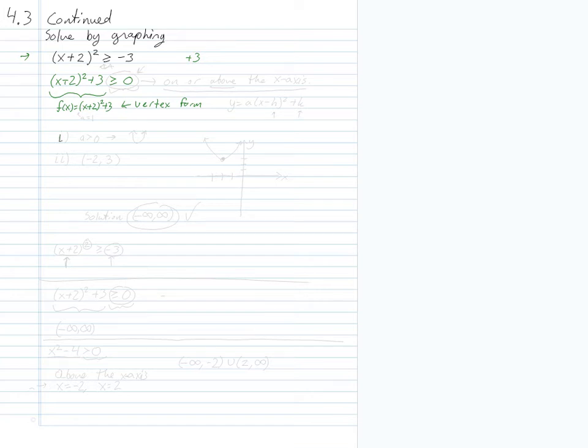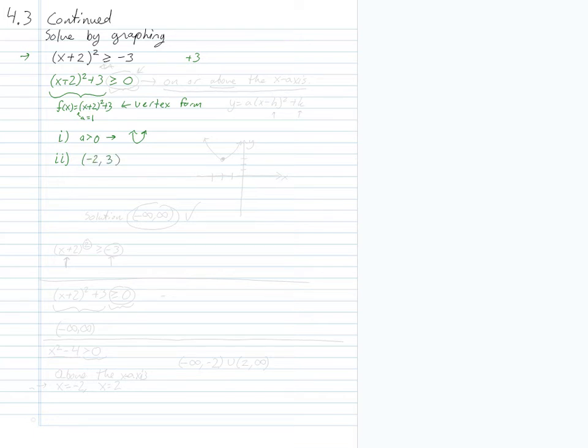Now what do we know about this parabola? Well, first, the leading coefficient a, we don't really have one, so we would say that a equals 1. So a being greater than 0 implies this parabola is concave up. And since it's in vertex form, we can immediately tell the vertex is going to be at -2, 3.